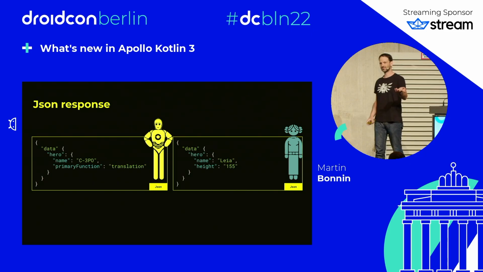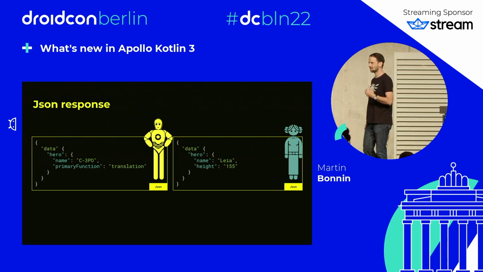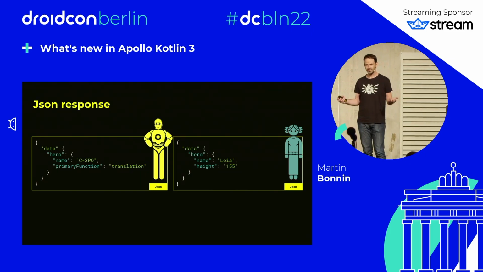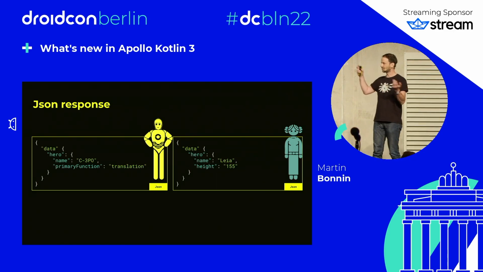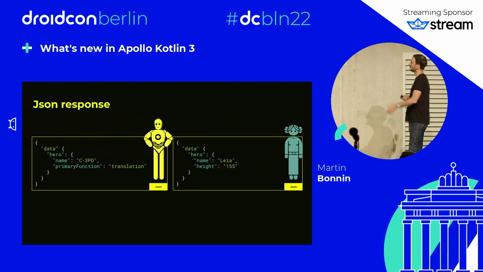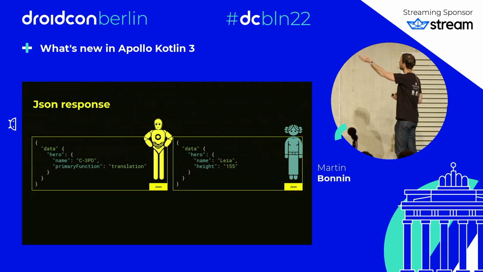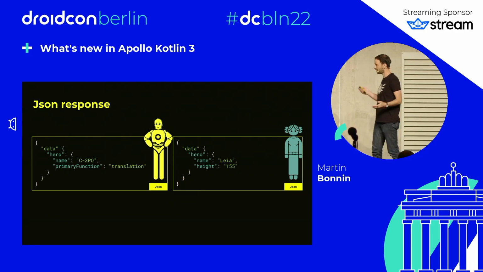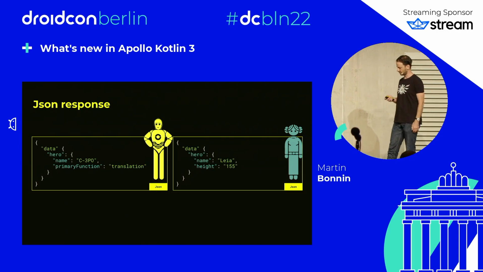Especially if you look at the JSON response, like what you're getting back from the server. There's nothing named asDroid or fragments or human details or anything like this. You would just get a flat JSON. If you have a droid, you have the primary function, and then if you have a human, you have the height. It's just there with the other properties.